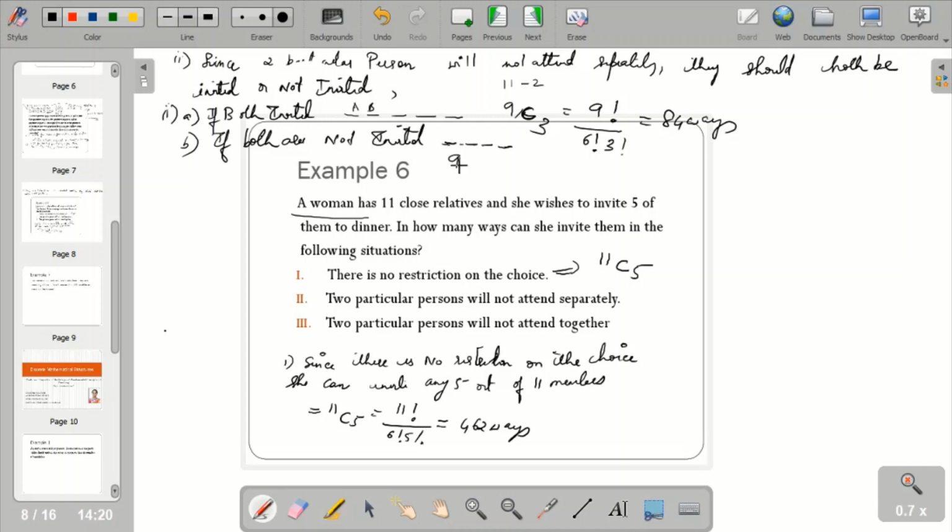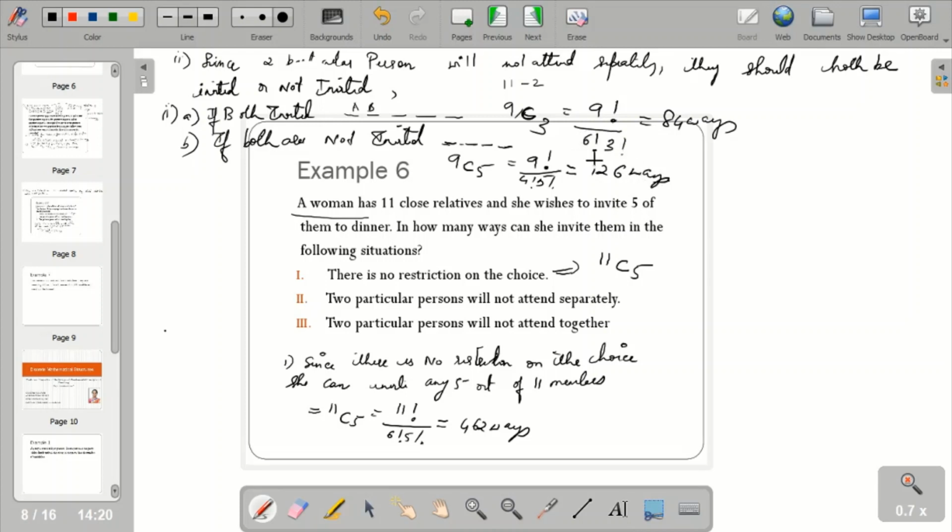So 9C5, because both are not invited. So it would be 9 factorial divided by 4 factorial times 5 factorial. So this would result in 126 ways.